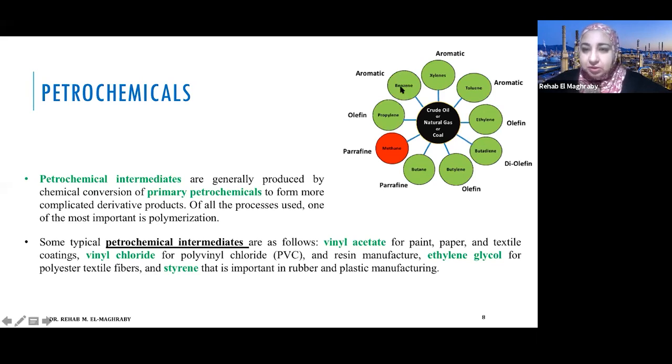Also benzene, for example, can be used to produce styrene, and styrene can be used to produce polystyrene. If you drink a coffee every morning, you go to Starbucks and you get a paper cup and a plastic top.